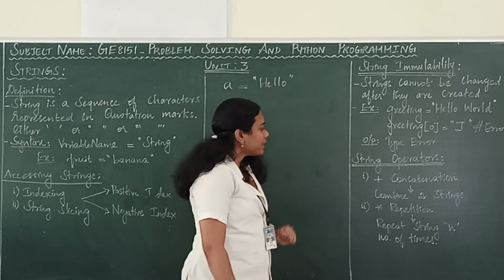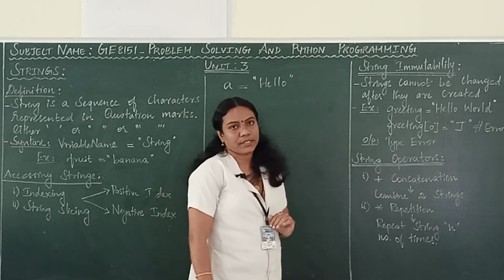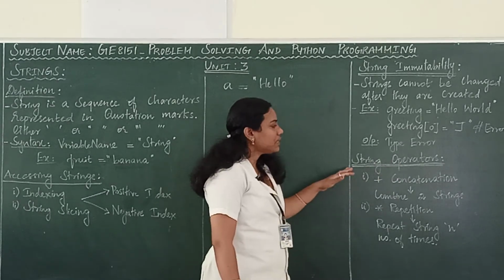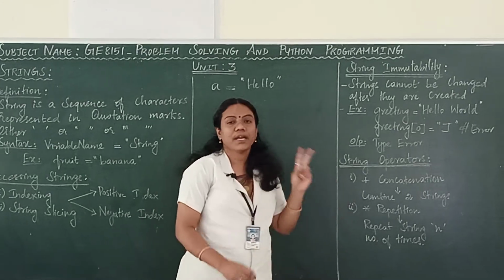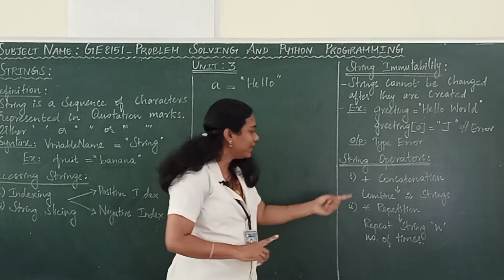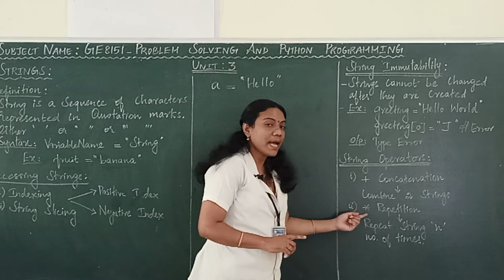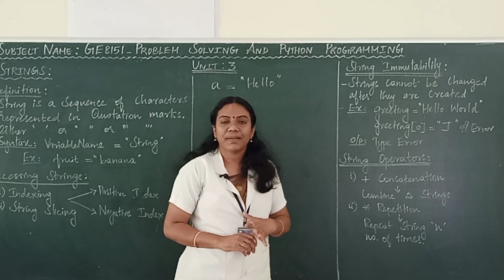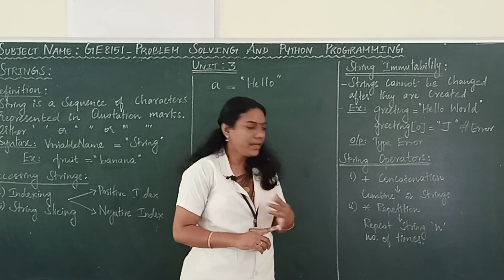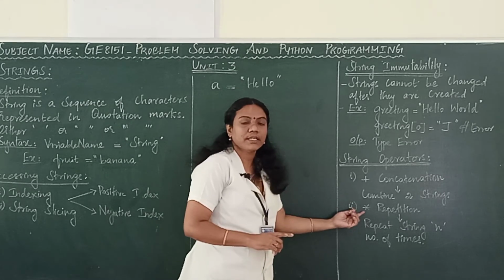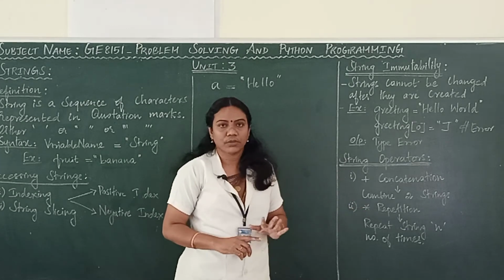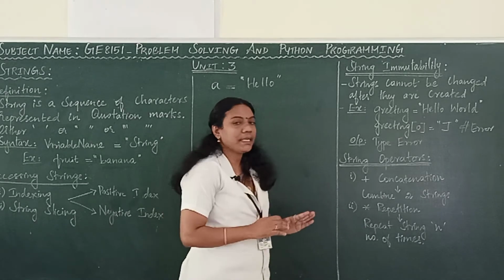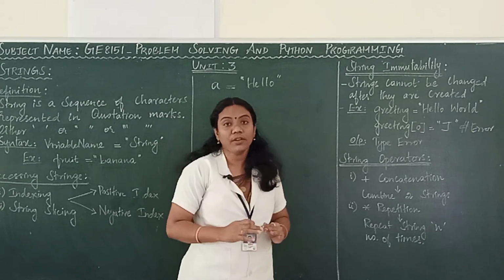Next we can see string operators. Under string operators, mainly we use two operators. One is plus, another one is the asterisk symbol. The normal usage of plus is to do addition, and the asterisk is used to multiply two numbers. But these two operators can be used along with strings also.